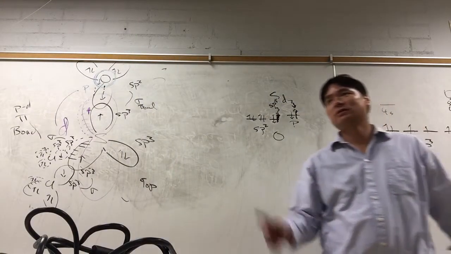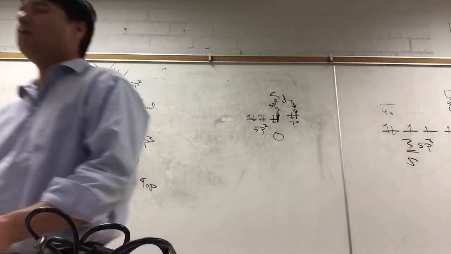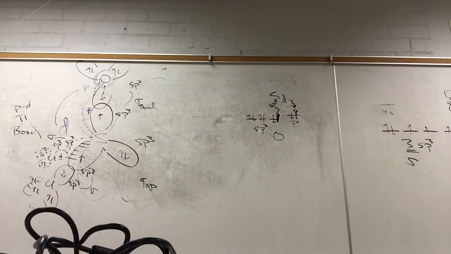What's the next one? Actually, we'll take a break, but what's the next one? Nitrate? We're going to skip nitrate because nitrate's straightforward. We're going to go to which one? Nitric acid is straightforward. Well, it's straightforward after I talk about resonance.